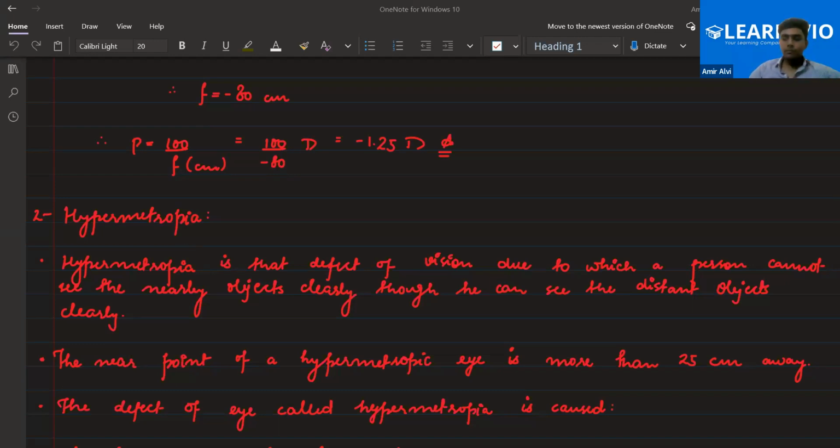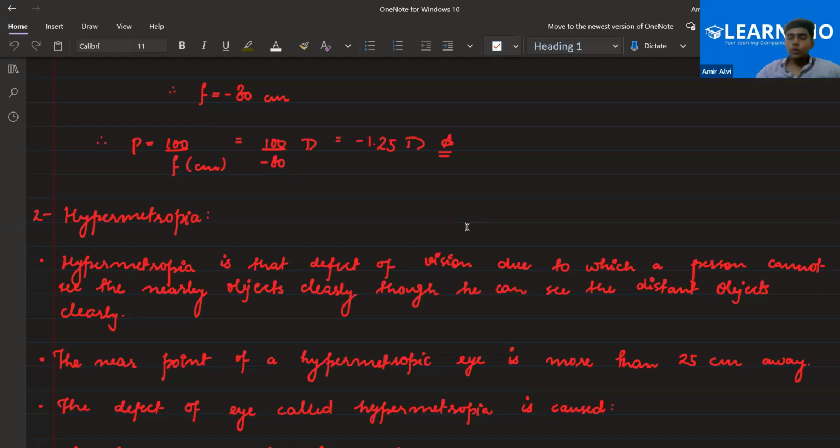Mariam, check it. If the person is suffering from hypermetropia, what will be the effect on the focal length? Will it increase or decrease? Increase. Yes, it will increase because in that case, the eye lens will become thinner.